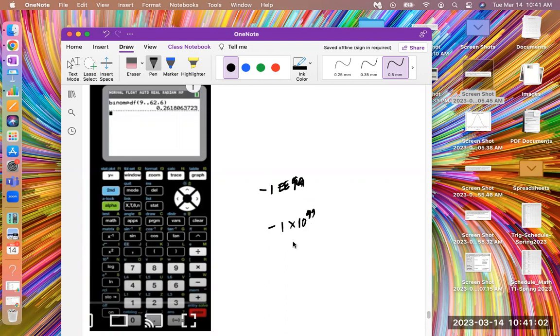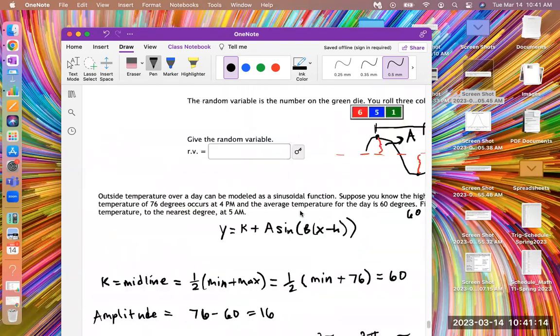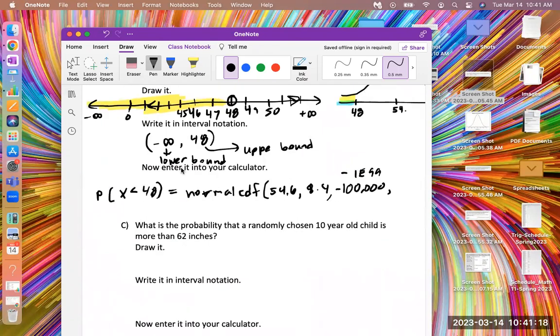That EE means times 10 to the power of that. Okay. So if you don't like using that scientific notation, like I said, instead of entering negative infinity, because your true lower bound should be negative infinity, this is our lower bound we're entering into our calculator.